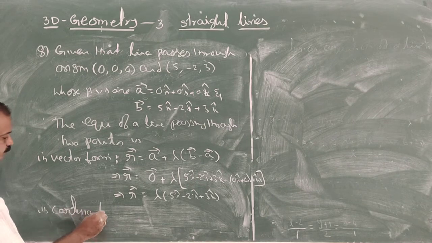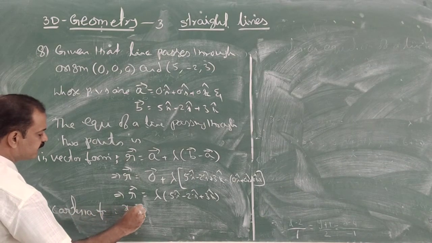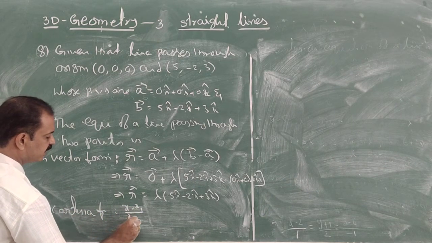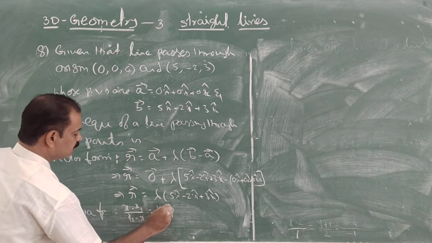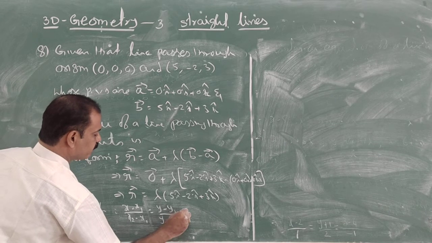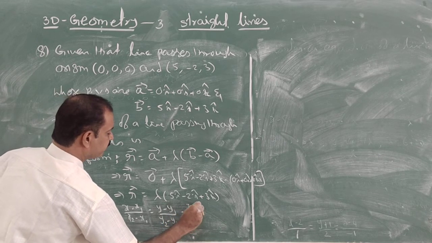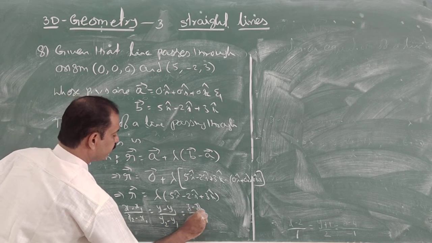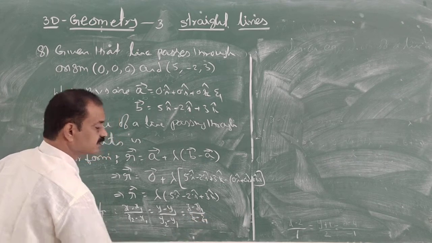Cartesian form: (x − x1)/(x2 − x1) = (y − y1)/(y2 − y1) = (z − z1)/(z2 − z1).